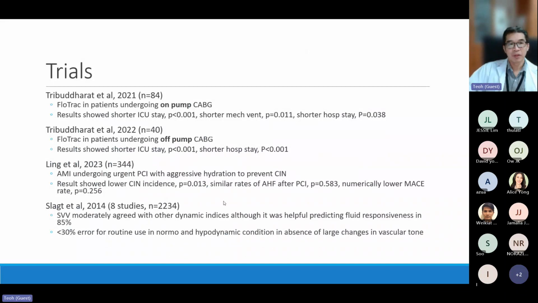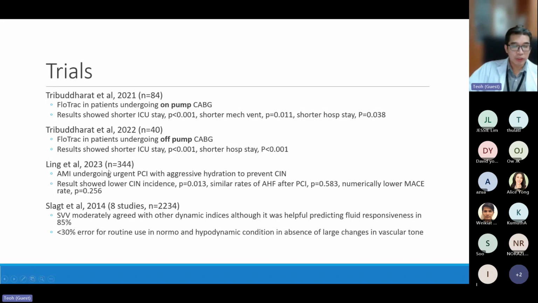It's proved that using the FloTrac in stable patients undergoing on-pump or off-pump CABG, usage of this advanced hemodynamic parameter can shorten the ICU stay, the overall hospital stay, as well as shorten the mechanical ventilation significantly.